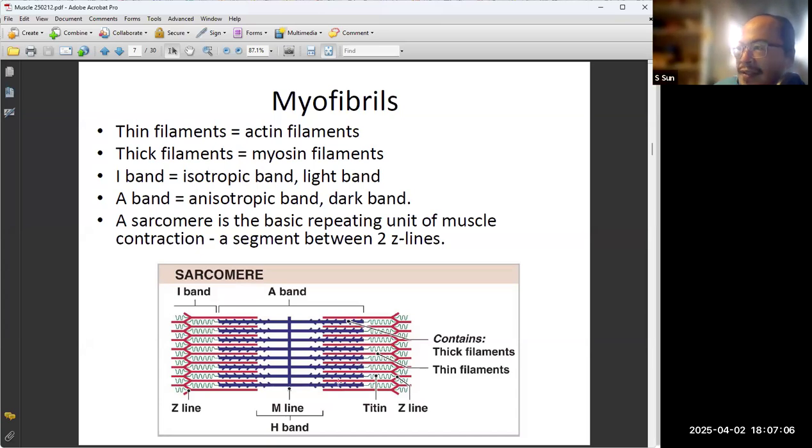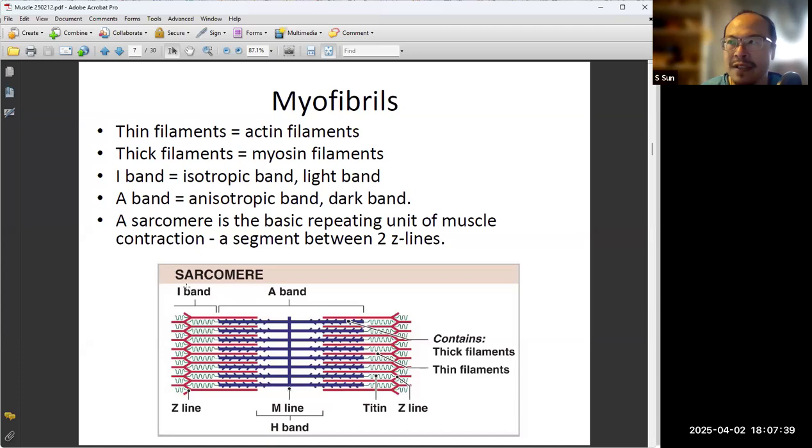From here, we can see that this is a very basic unit of the muscle myofibril. This thing will repeat over and over again, and this unit has a name. This unit is called a sarcomere. That's a terminology you've got to know. What is a sarcomere? A sarcomere is a unit of the myofibril segment.